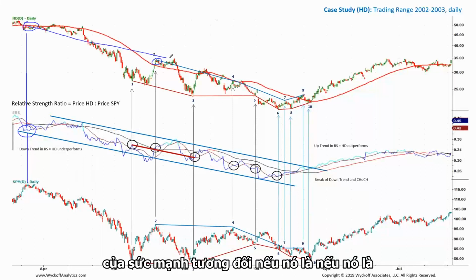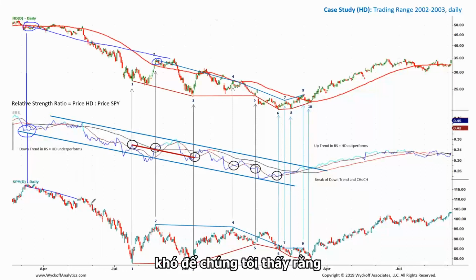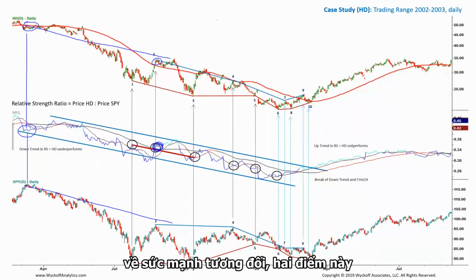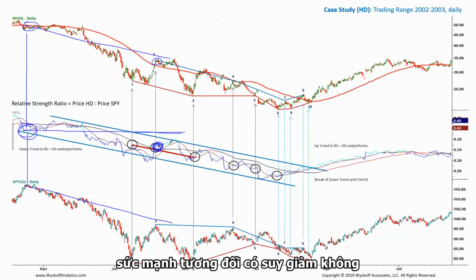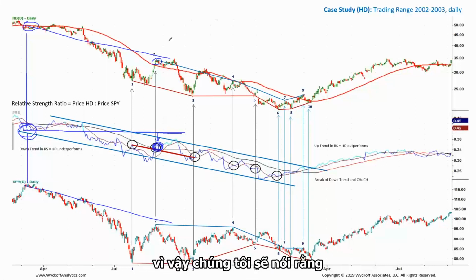If it is hard for us to see that slope, then we could identify these two spots on the relative strength and just see, did the relative strength deteriorate or not? And we see that it did. So we're going to say that the stock relative to the market at point number 2 is weaker.